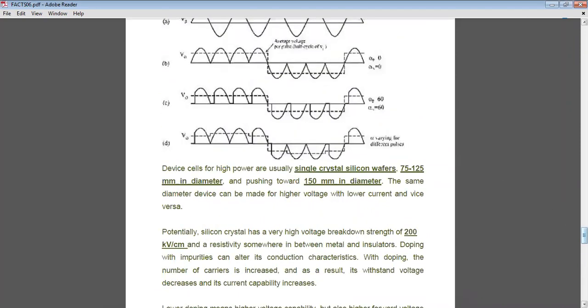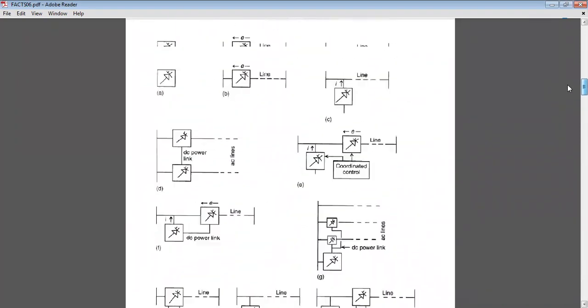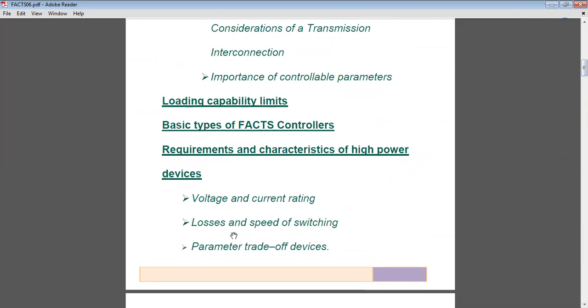Then, yesterday's class we have seen different losses, because the cost of the entire FACTS controller depends on the switching device characteristics. It depends again on the losses, though the percentage of losses is very small. Then the speed of switching and other parameters of the devices, like dI/dt and dV/dt, are also considered.